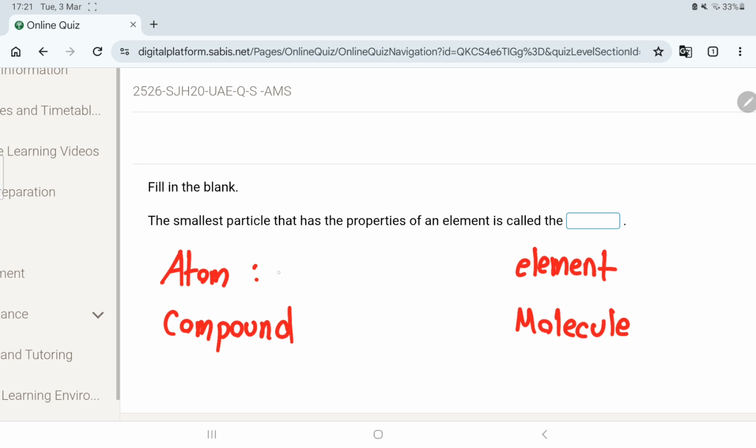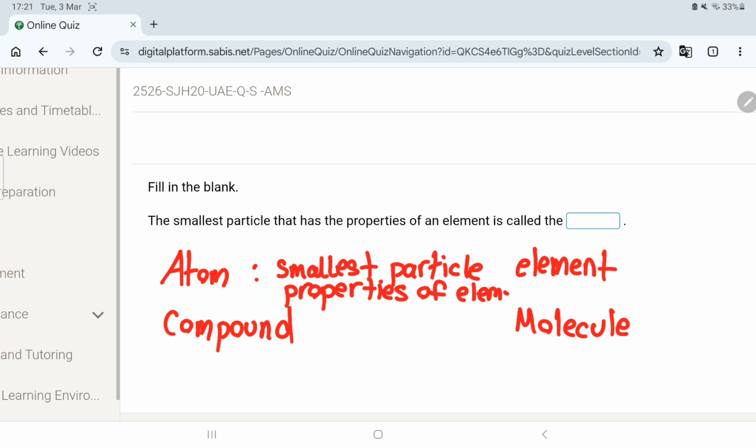Once again, an atom is the smallest particle, and what does it have? It has properties of its element. So what's an atom? An atom is the smallest particle that has the properties of its element.